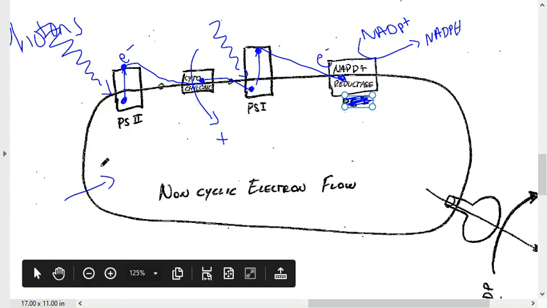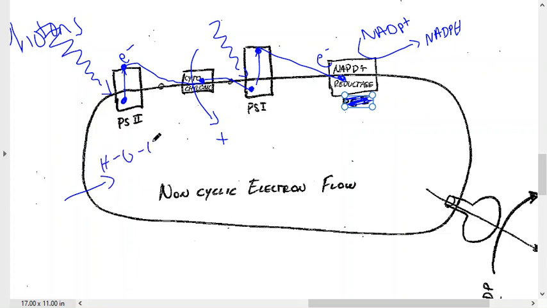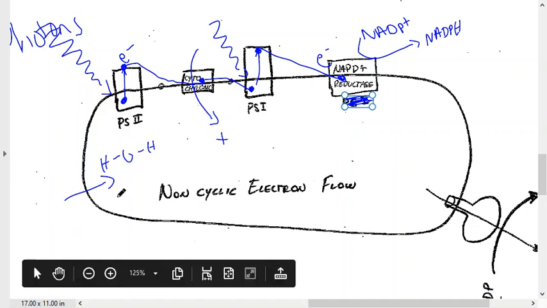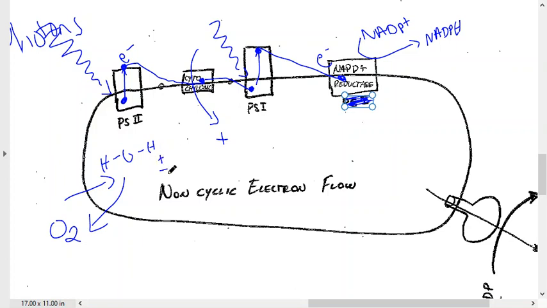And just remember that we also get water. We split water, and the oxygen diffuses out as a waste product, and that's the source of all of Earth's atmospheric oxygen. The hydrogens are oxidized into a proton and an electron.